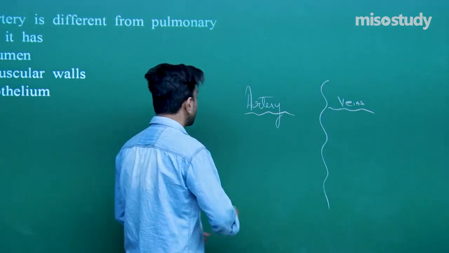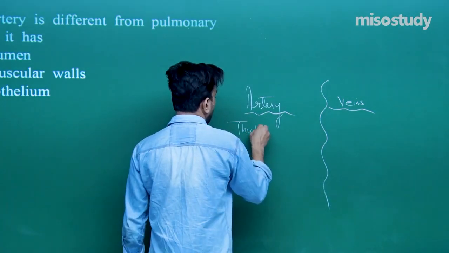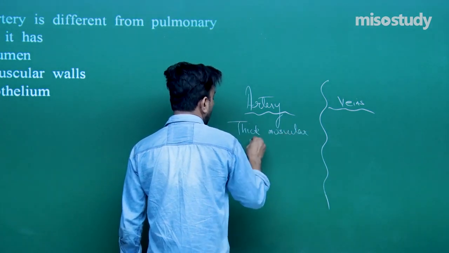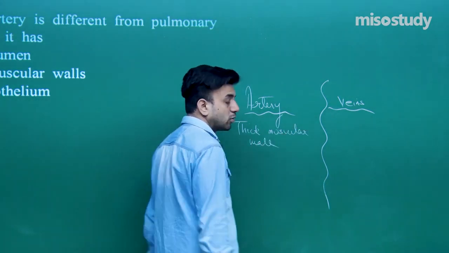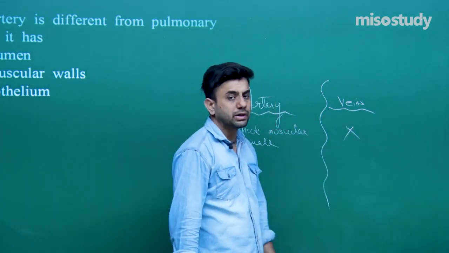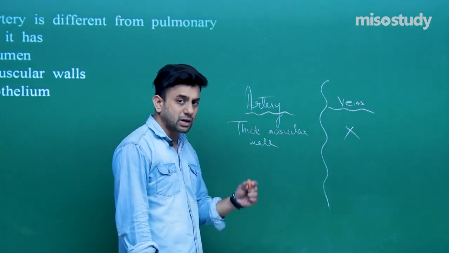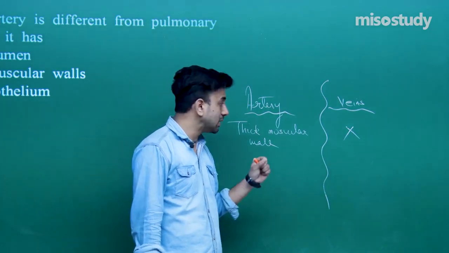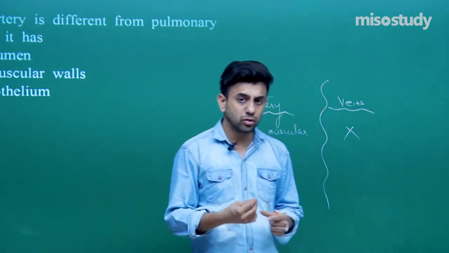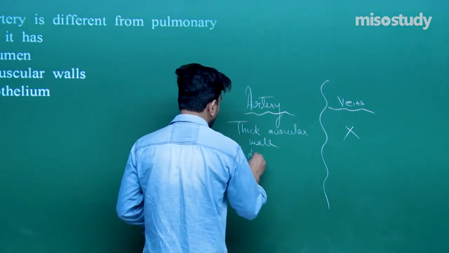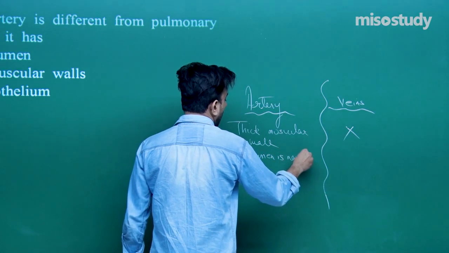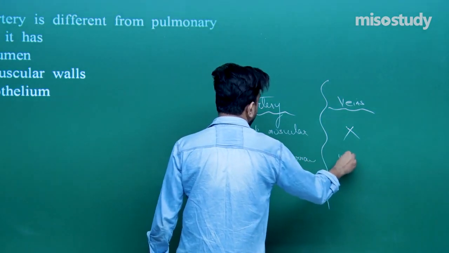However, in the veins the muscular wall is not that thick, right. So, the lumen of the artery will be much less because the muscular layer is thick, and hence the lumen is narrow. However, the lumen of the vein is wider.